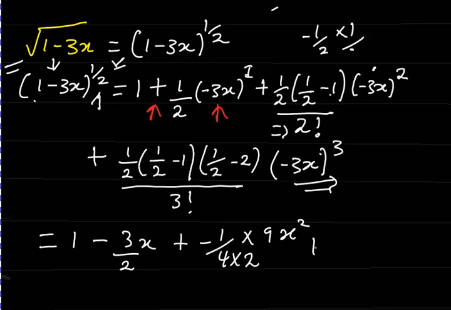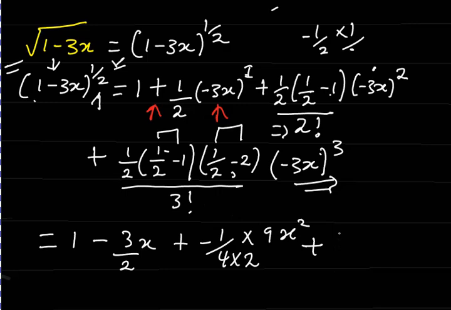Then plus, let's see what we have in this case. So this is minus 1 all over 2. This is also minus 1 all over 2. Minus 1 all over 2 times minus 1 all over 2, that's going to give me plus 1 all over 4. Plus 1 all over 4 multiplied by 1 all over 2, that's going to give me 1 all over 8.